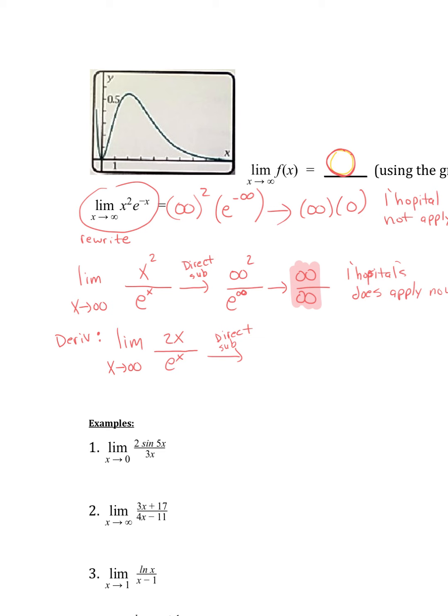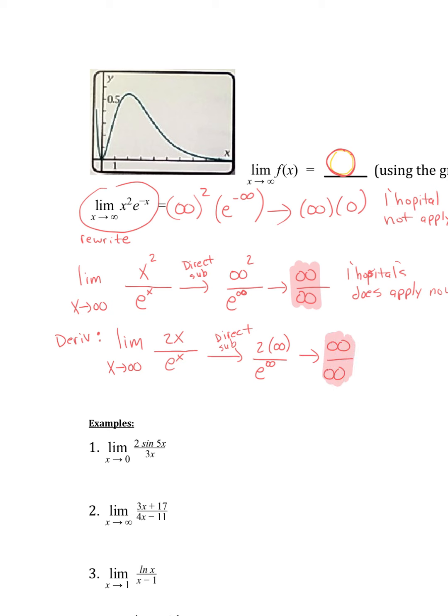If I plug in a really big number and multiply it by 2, that still gives me a really big number. If I plug in infinity in the denominator and take e to a really, really big number, I still have a really, really big number. So again, when I plug into the derivatives, I still have infinity over infinity.